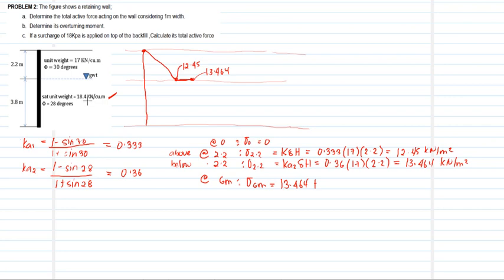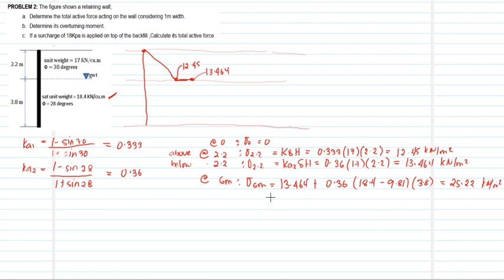So, ima-minus natin yung unit weight ng water dito. Kasi, saturated yung unit weight na given. Kasi, meron tayong groundwater. So, that is plus, yung K natin is K2. That is 0.36 times 18.4 minus our unit weight of water multiplied by our height, which is equal to 3.8. So, ano yung magiging value natin dito? That is equal to 25.22 kilonewton per meter squared.